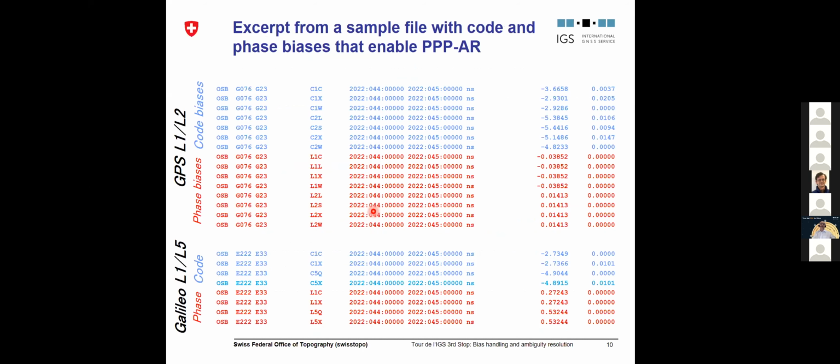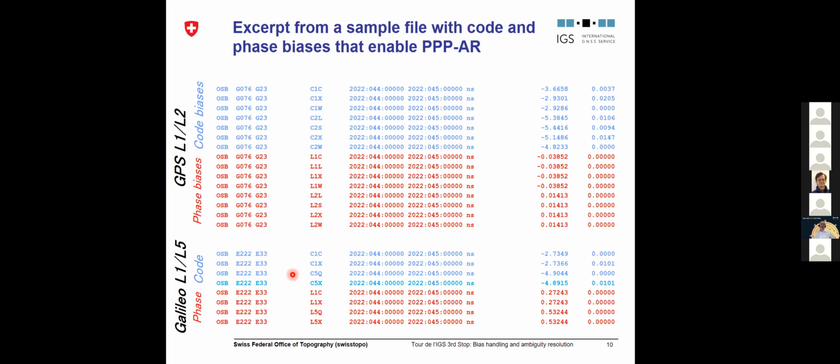This is an example for the GPS two-frequency case for a particular satellite. In the ideal case, you have the bias values for all available code observable types, indicated here in blue.